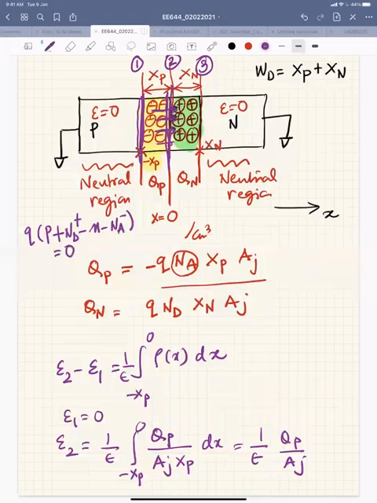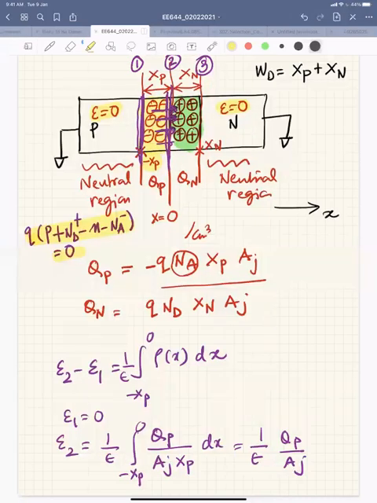If this condition is satisfied, that means total charge is 0, so this region is neutral. Neutral means there is no electric field. If the total charge is 0, there is no electric field, so please keep it in mind. The electric field is 0.